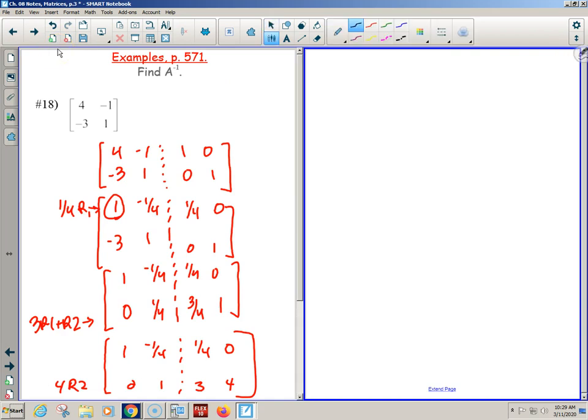Section 8.5, you're going to have to build your own encoding matrix for our coded messages, our cryptograms that we're going to be making. To make yours, you might want to do a 2x2, but you might want to make it crazy and go with a 3x3. If so, as your encoder, we are only able to encode messages in a way that the code can be broken and they can be undone or decoded.